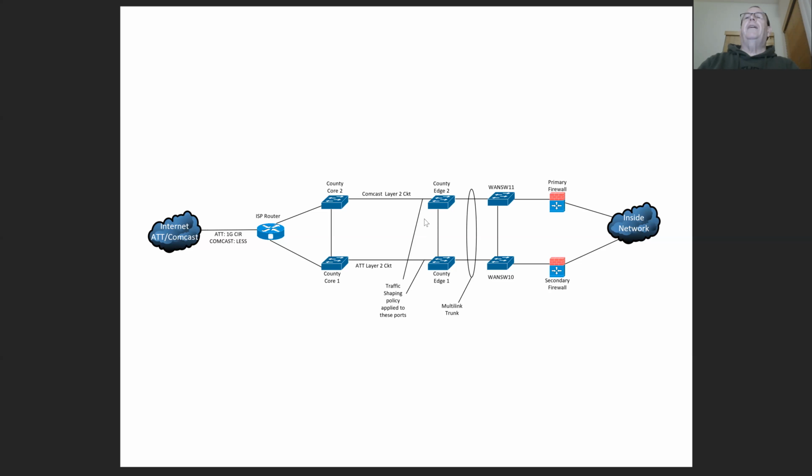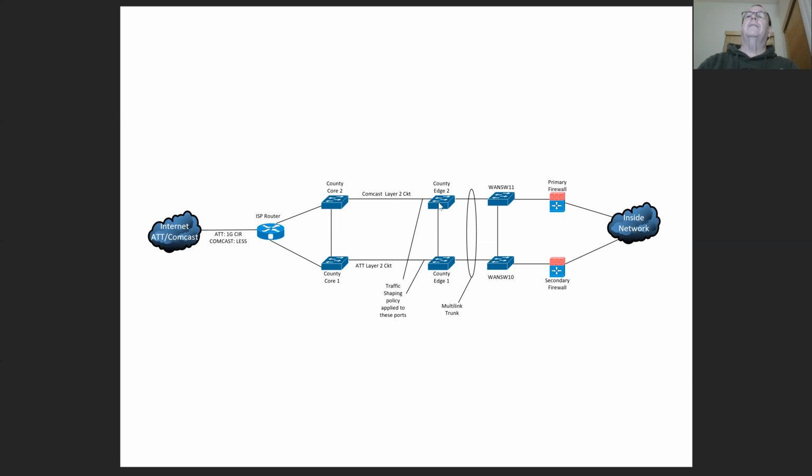What Extreme found, or rather theorized, was that there was too much traffic getting pushed out through our ISP, and they were rate limiting us on this port out here. So what they did is rate limit these two ports on these two switches through a traffic shaping policy, to limit the rate down to, I forget what it is, like 1 gig or something.